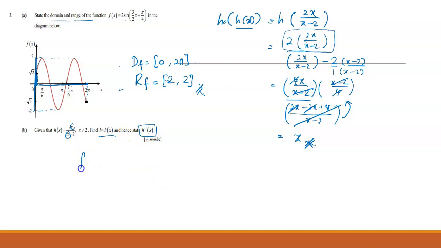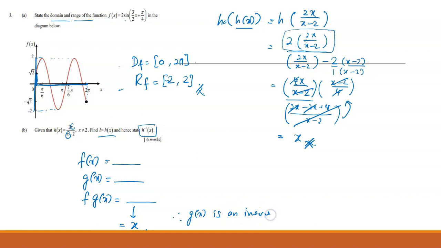Class, if given to you a function f(x) and g(x), when we make a composite function of f(g(x)), for example, and finally we get a result equal to x, we come up with a conclusion that g(x) is actually the inverse of the function f(x), meaning that g(x) equal to f inverse.